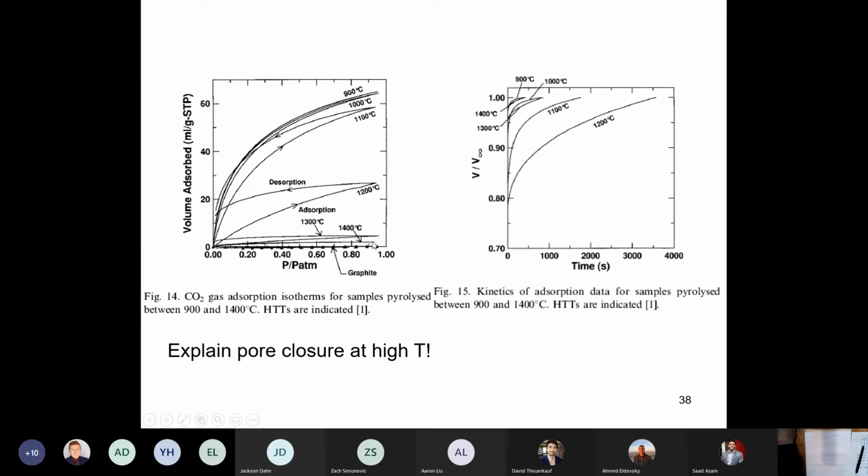The amount of pores you fill is virtually zero, but that happens really fast. Okay, so this is telling you that the pore openings for CO2 and the size of lithium is different than the size of CO2, right? But for CO2, the pore openings are closing in this range between 1100 and 1400 degrees C.